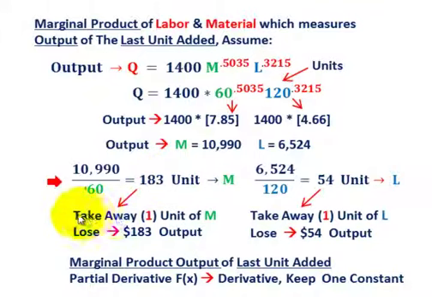So the deal is, you take away 1 unit of material and you lose $183 in output. In simple terms, that's our marginal product.